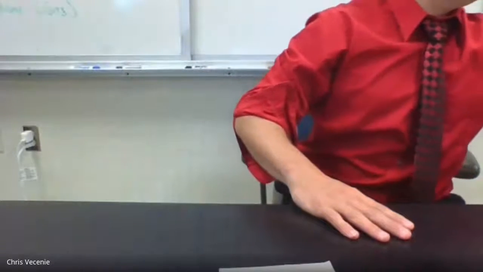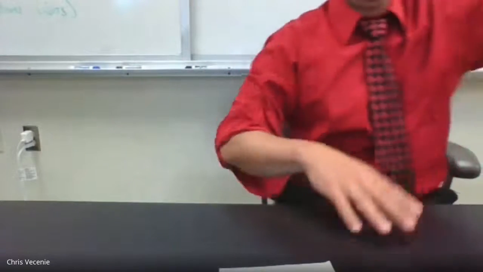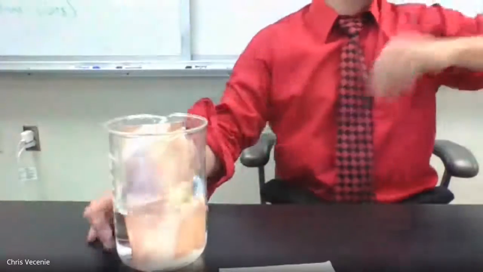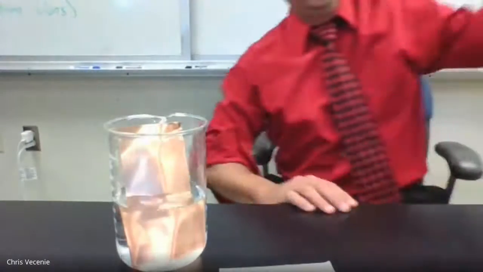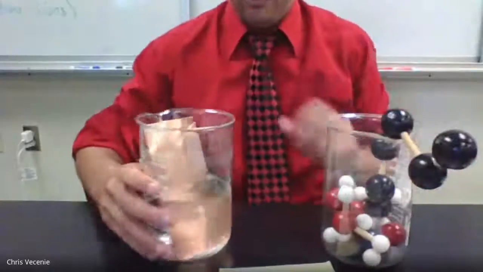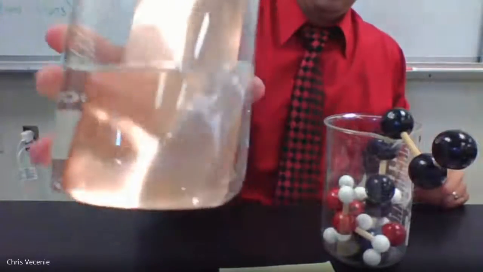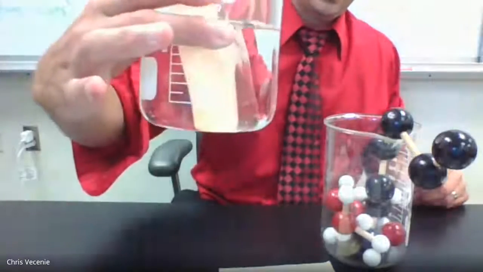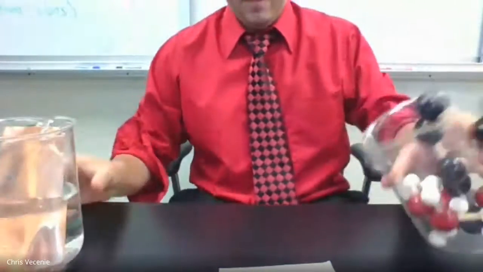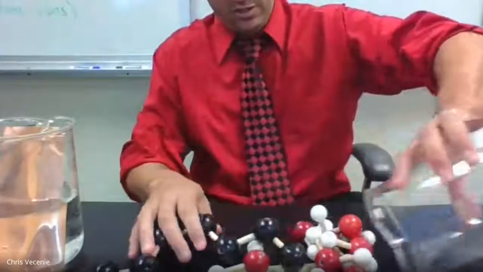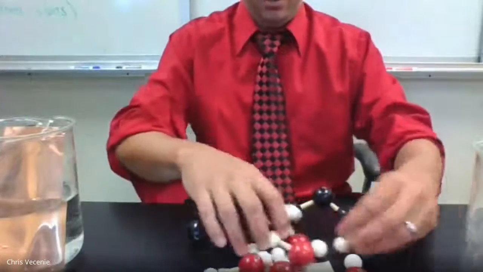Category number 3. Here is my real world sample. Here is my molecular world sample. So my real world sample looks like this. And if I dump out my molecular sample, this is what was inside that beaker.